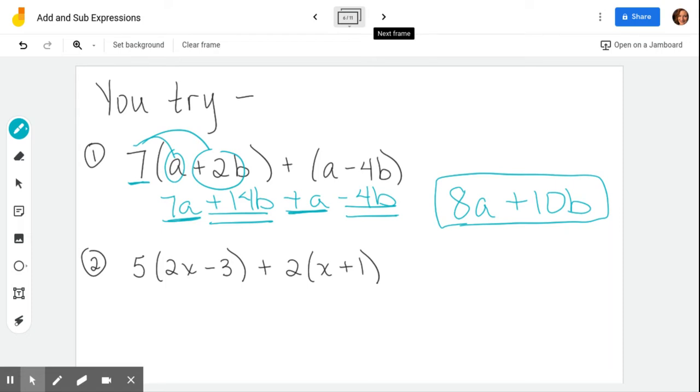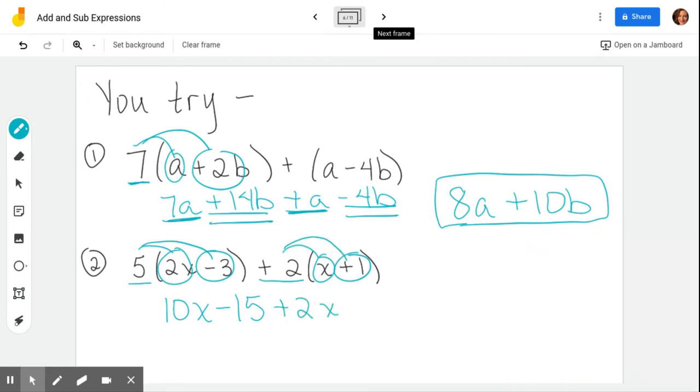Second problem, I need to do the distributive on the first part, and I need to do the distributive on the second part. So rainbow, rainbow, distribute your mail. 5 times 2x is 10x. 5 times a negative 3 is a negative or minus 15. Positive 2 times x is positive 2x.